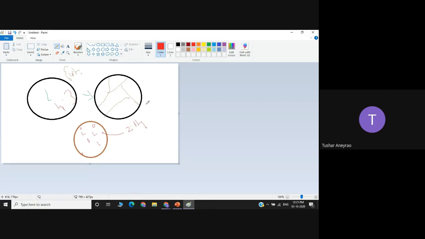So if you subtract 2.14 from 4.3, what remains is around 2.2, let us assume 2.2%. Okay, so 2.2% carbon is getting rejected due to formation of these austenite crystals. Okay, so red is austenite and blue is suppose Fe3C.